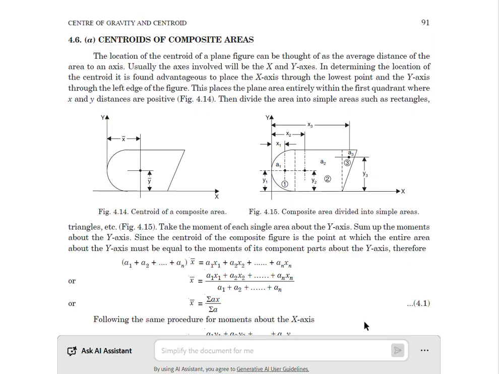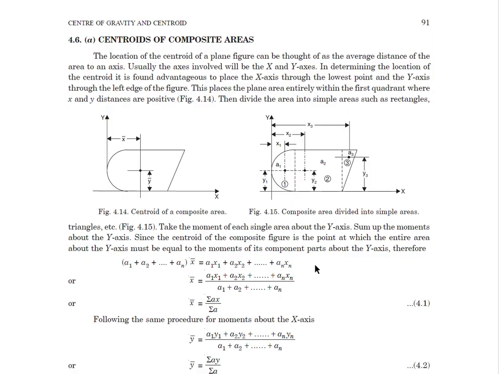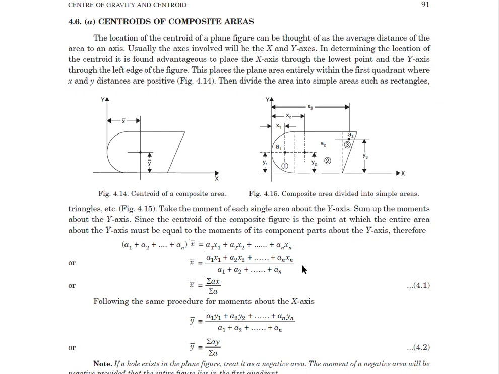And then the centroid of the whole figure, which we represent as x bar and y bar, x bar in the x direction and y bar in the y direction, is found using this equation. The explanation is given in the equations 4.1.